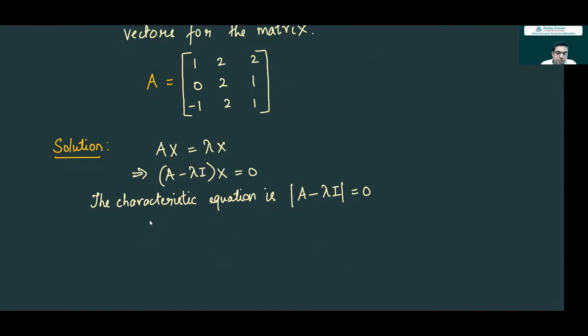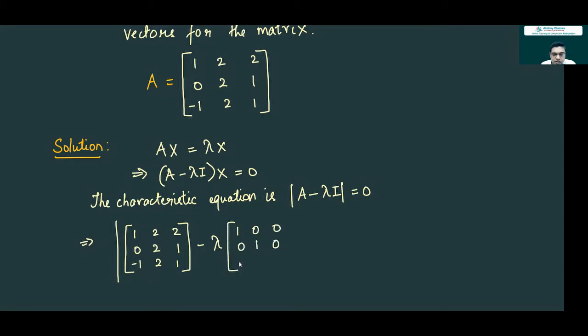Now, so this characteristic equation will imply the determinant of 1, 2, 2, 0, 2, 1, minus 1, 2, 1, minus lambda times 1, 0, 0, 0, 1, 0, 0, 0, 1.